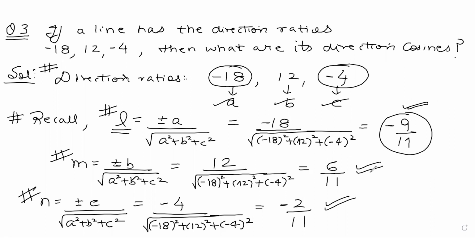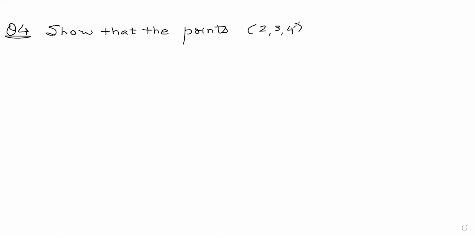Okay, moving forward to the next question, question 4. Show that the points 2, 3, 4, minus 1, minus 2, 1, and 5, 8, 7 are collinear.